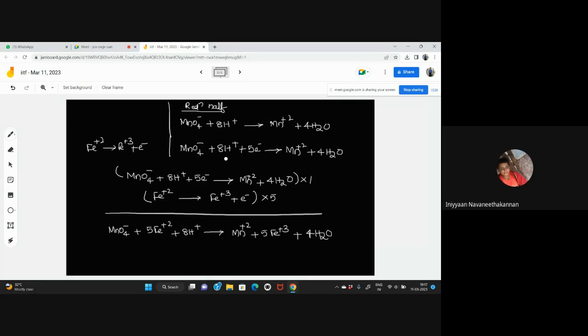For charge balance, how much do we have in the above step? We have minus 1 plus 8, which is plus 7. If I add 5 electrons here, minus 5 minus 1 is minus 6, plus 8, that means plus 2.